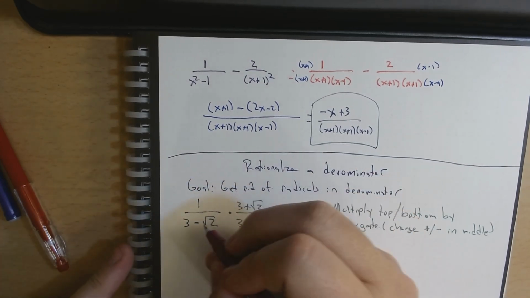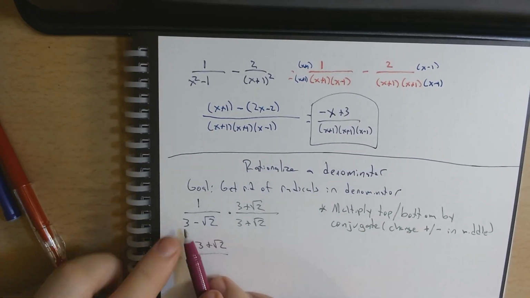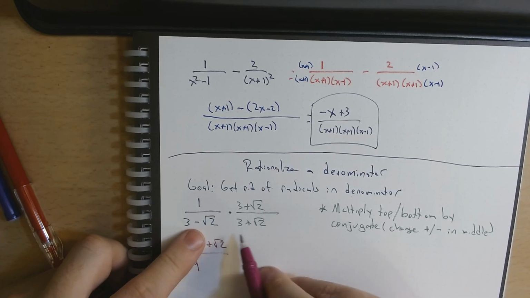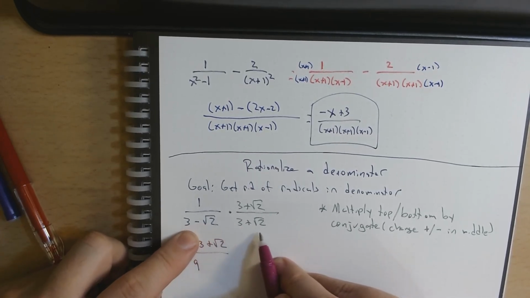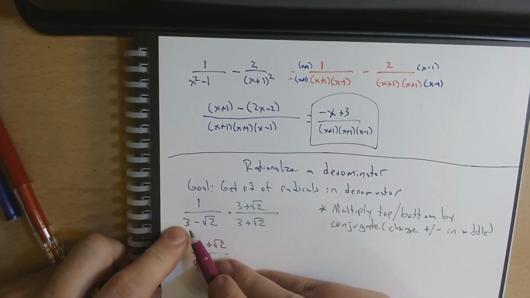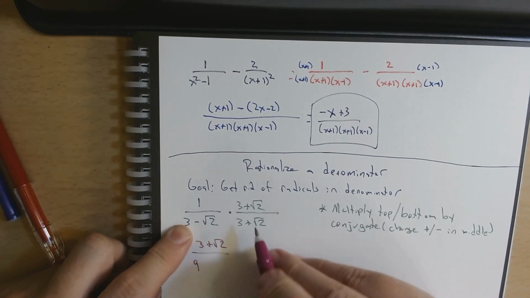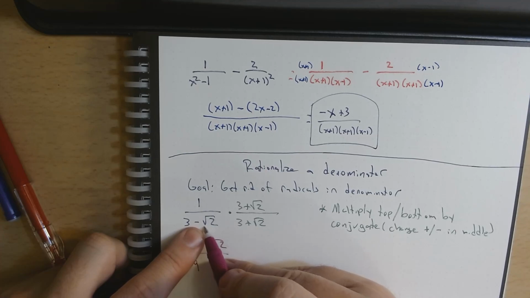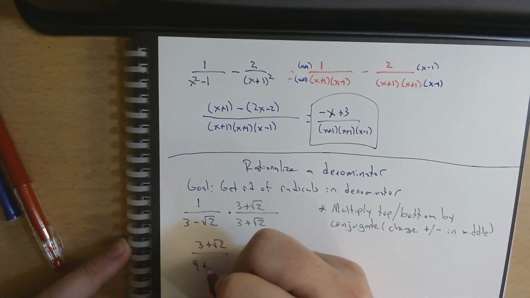1 times anything is itself, so you get 3 plus the square root of 2 over 3 times 3, 9. Now this is a difference of squares. This is a minus, this is a plus, but everything is the same. So the middle is going to cancel out. If you do 3 times positive square root of 2, you get 3 square root of 2, but then in the middle you get negative 2 times 3 is negative 3 square root of 2.